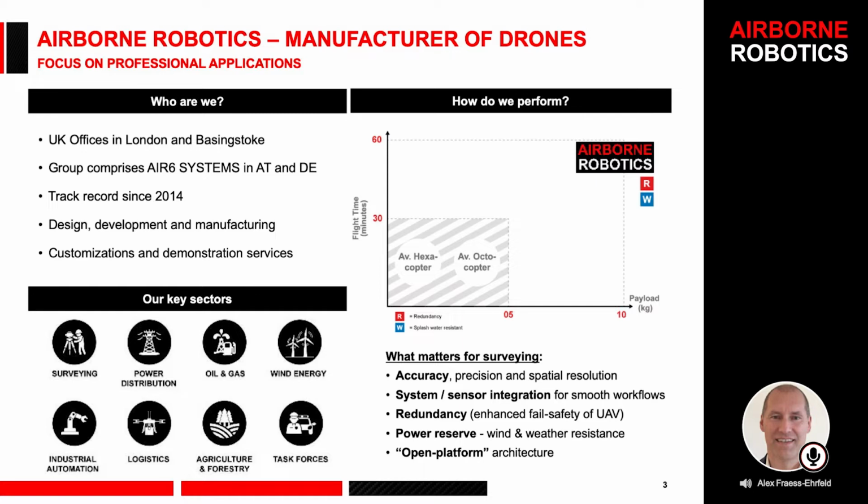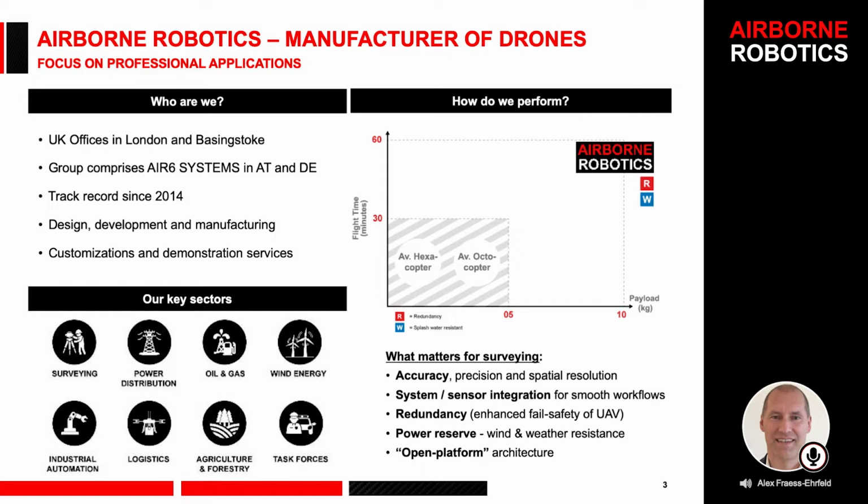Our key sectors comprise currently 8 sectors consisting of surveying, power distribution, oil and gas, wind energy, then industrial automation, logistics, agriculture and forestry, which is one of our original sectors since 2014, and then task forces, so everything around the blue light sector.